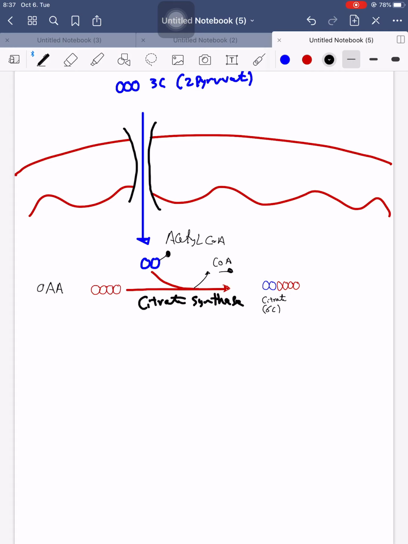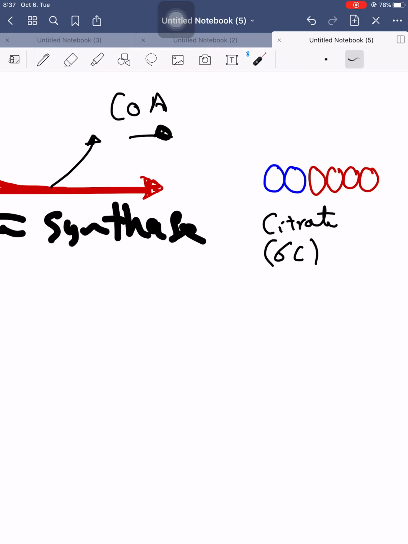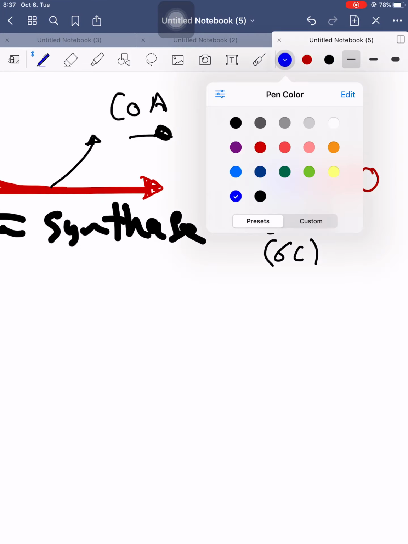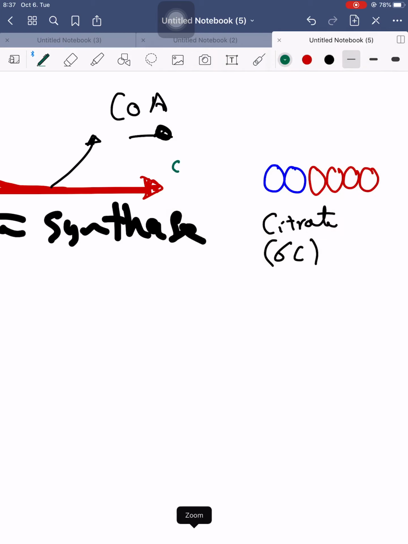Now the point is, you have acetyl coenzyme A coming from pyruvate condensing with the oxaloacetate and producing citrate, which is 6 carbon. Look guys, in this reaction an intermediate is formed. Before we have citrate, we have a specific intermediate called citryl CoA.